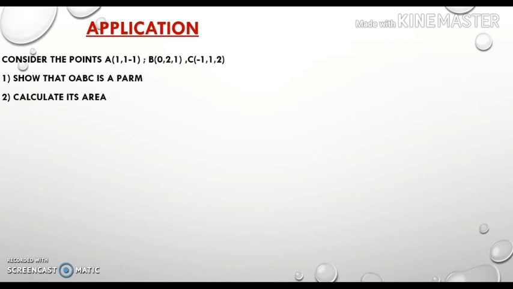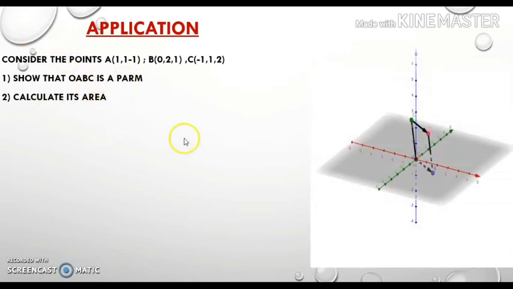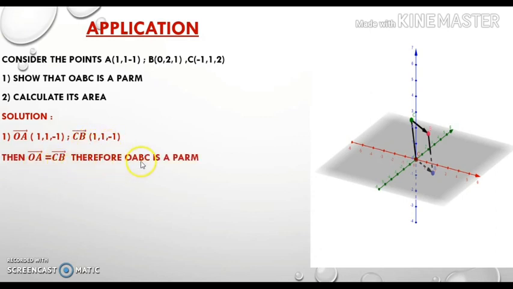Let's remember that to prove that OABC is a parallelogram, we need to prove that the two vectors OA and CB are equal. So let's find the coordinates of the vector OA. We get OA (1, 1, -1), and CB also (1, 1, -1). Then the two vectors are equal, so OABC is a parallelogram.